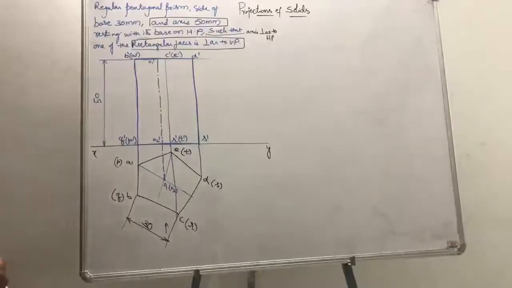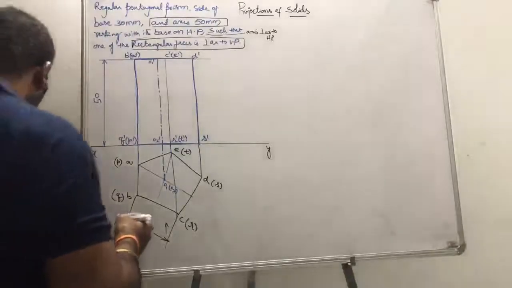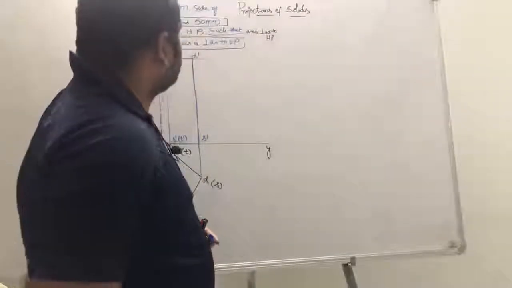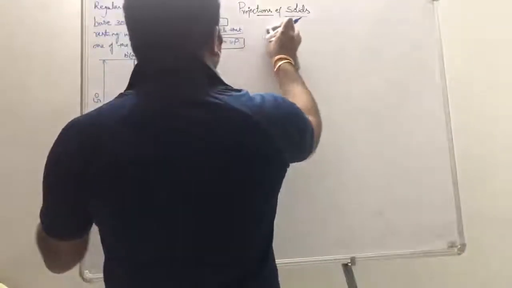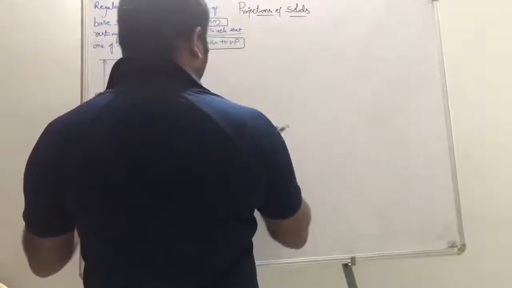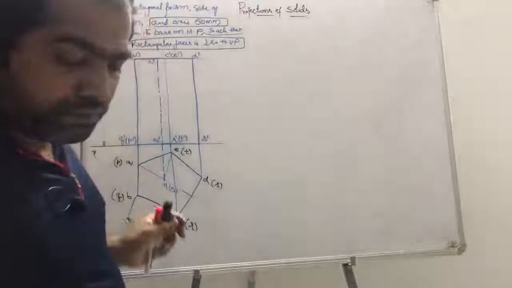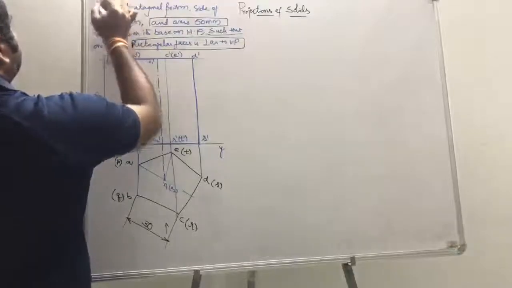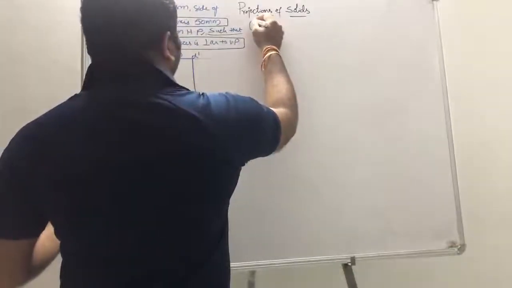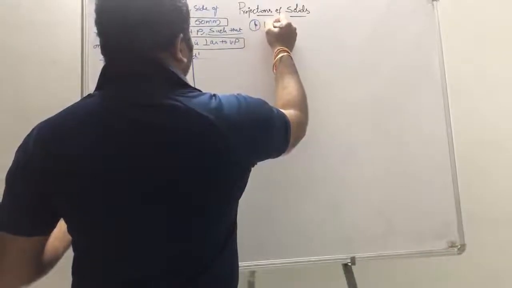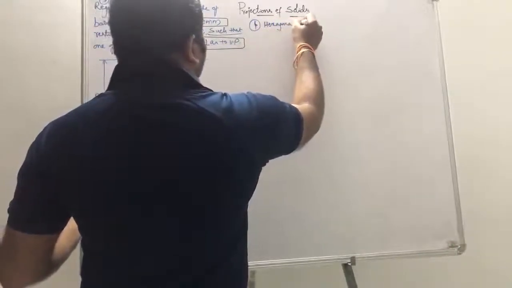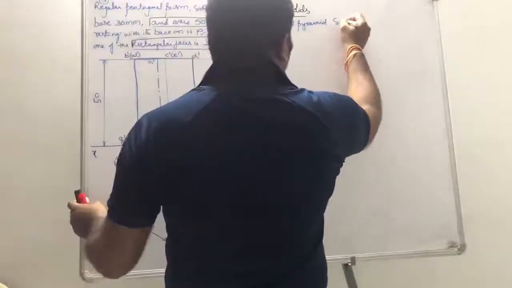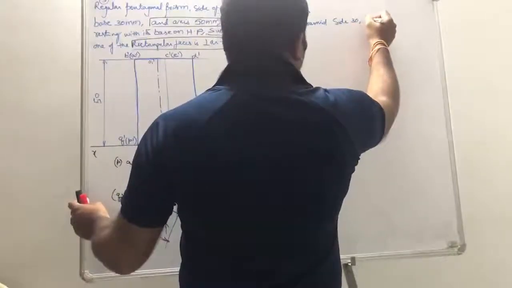Okay, let us see another problem. A hexagonal pyramid, side of base 30, height 50.